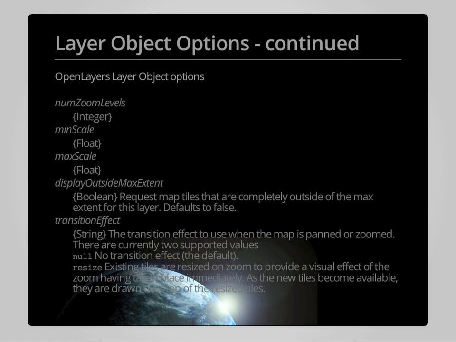But you can also choose a resize transition effect, which creates a zooming visual effect, which in some circumstances could be useful, but it's a little bit more computationally intensive within the web client. And as a result, if there's not a compelling reason to add this transition effect, you may not want to incur the additional cost to enable it.